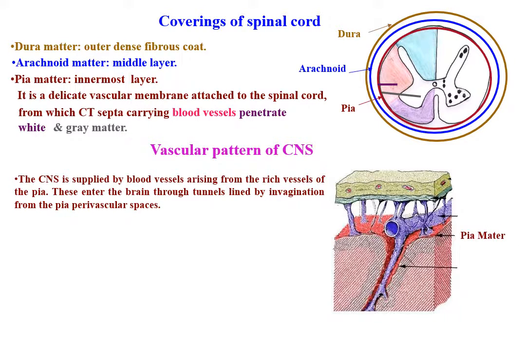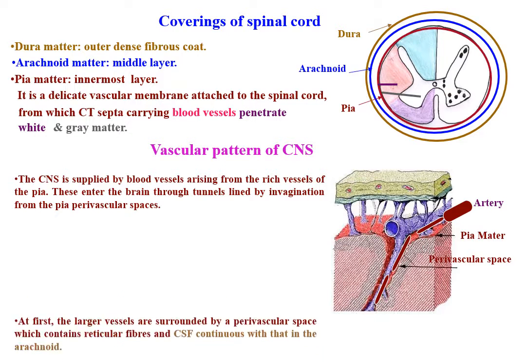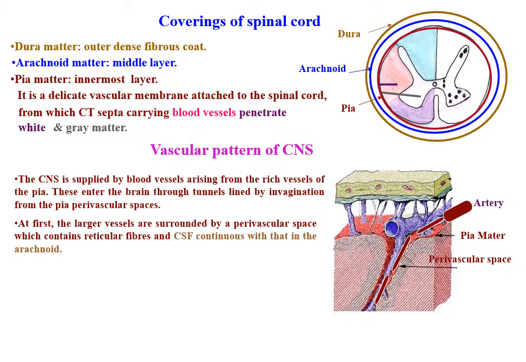These enter the brain through tunnels lined by invagination from the pia, perivascular spaces. At first, the large vessels are surrounded by a perivascular space, which contains reticular fibers and cerebrospinal fluid continuous with that in the arachnoid.